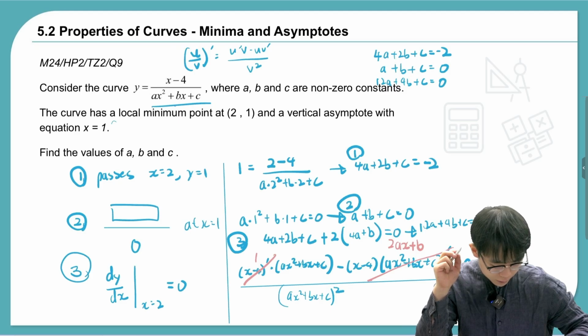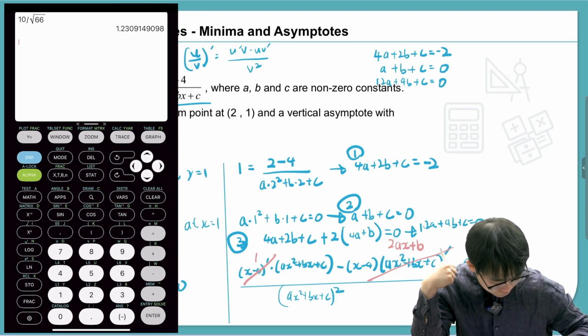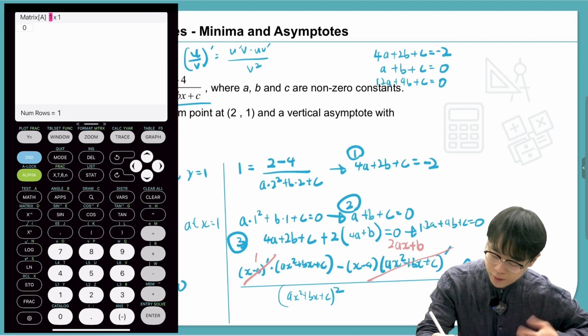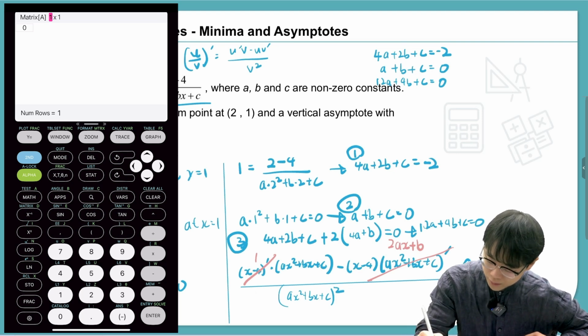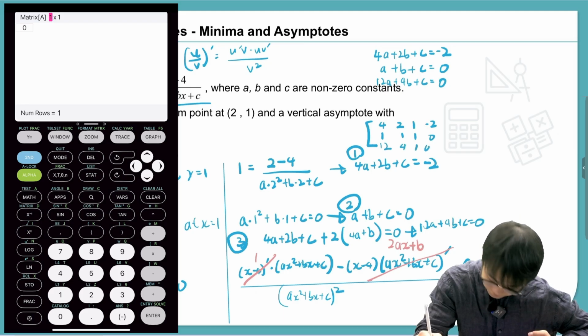We can first go to our matrices. So we can go to second matrix. We can edit our matrix. So we're going to write this in augmented form. So we're going to write something like 4, 2, 1, minus 2; 1, 1, 1, 0; 12, 4, 1, 0.